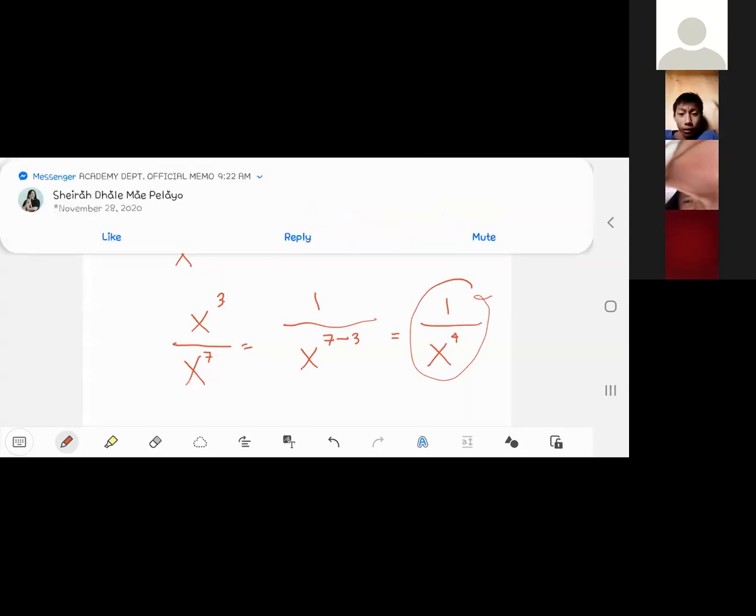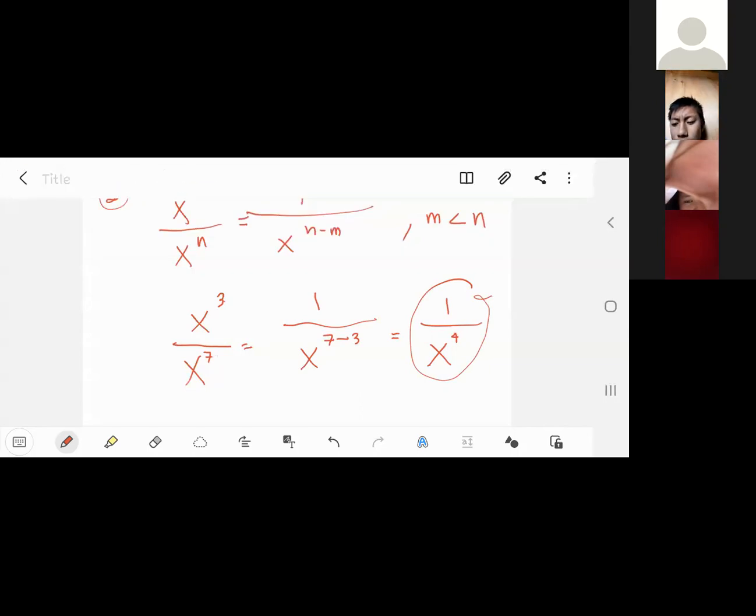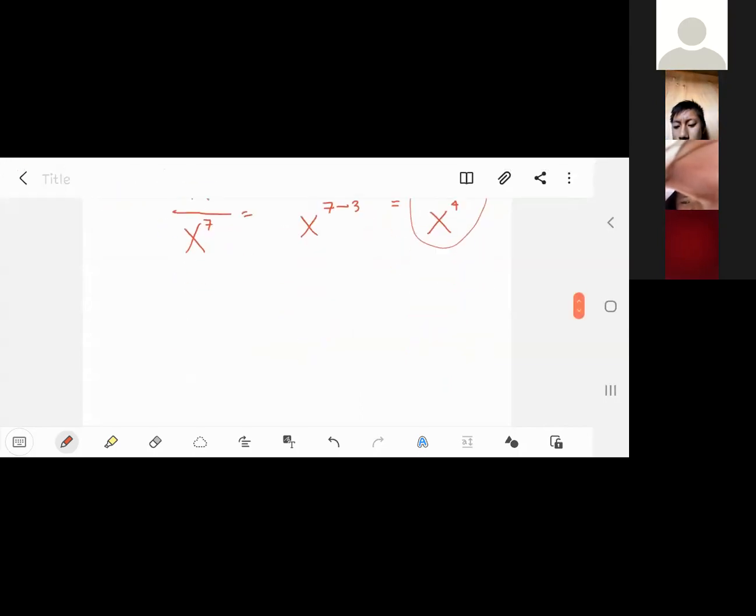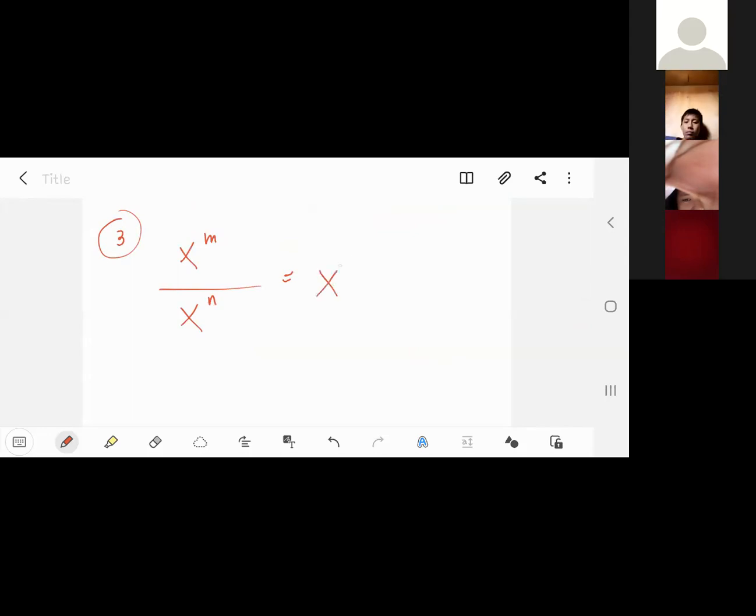Okay, very good. Now, let's proceed to rule number 3, which is the last rule. x to the power of m over x to the power of n is equals to x to the power of 0, or 1, if your m is equal to n. So kung pareho yung exponents ng dalawang variables, your answer will be 1.